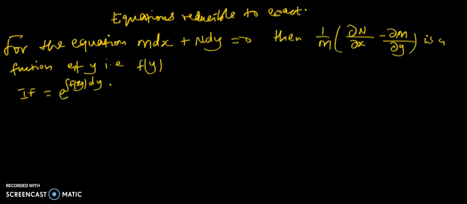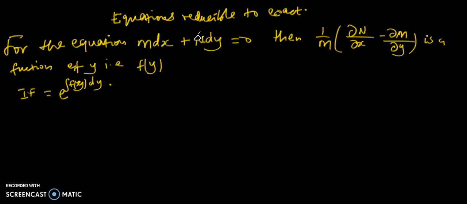So that's what we are saying for the equation M dx plus N dy equals 0. Then we can test for exactness using 1 by M into the partial derivative del N by del x minus del M by del y, and this is a function of y only, that is, f of y, and we are going to use this as the integrating factor.